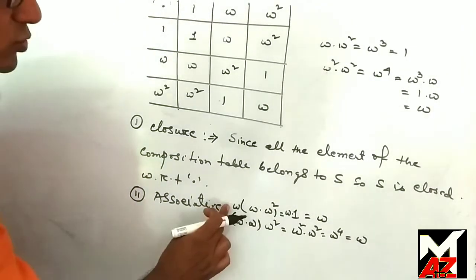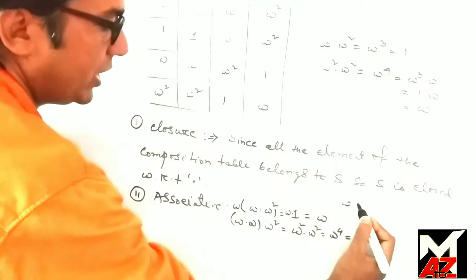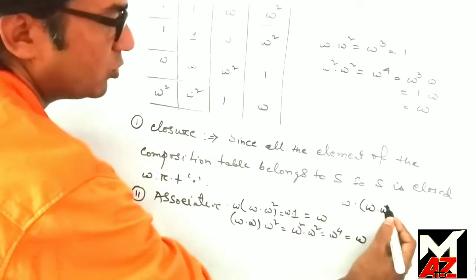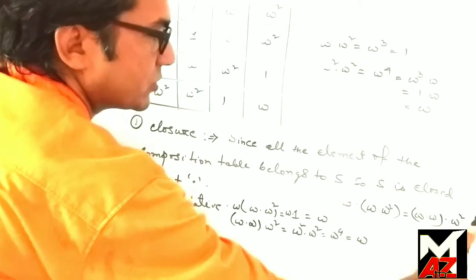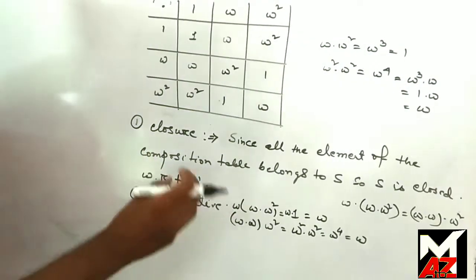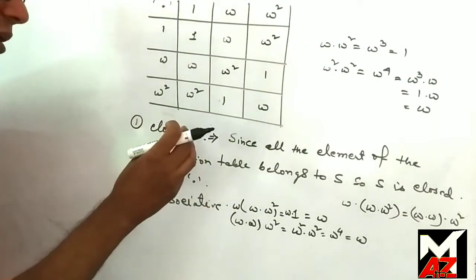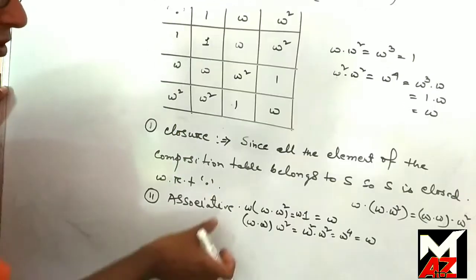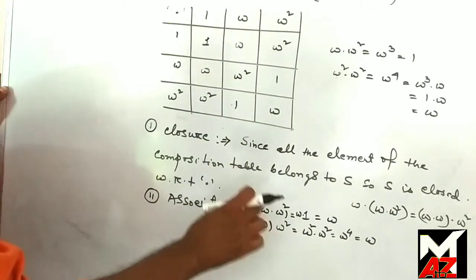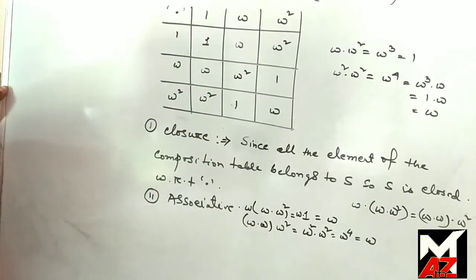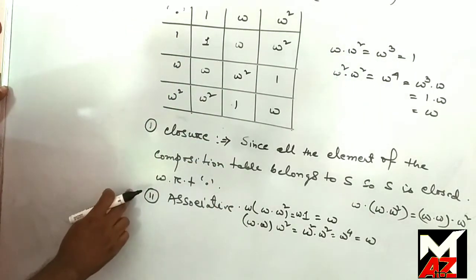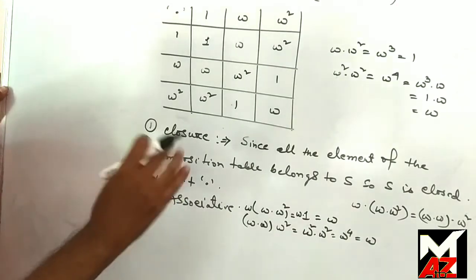That is, we say omega into (omega into omega square) equals (omega into omega) into omega square. Similarly, we see that associativity holds for all the elements, and it is easy to see from this composition table. So the second property, the associative property, also holds.